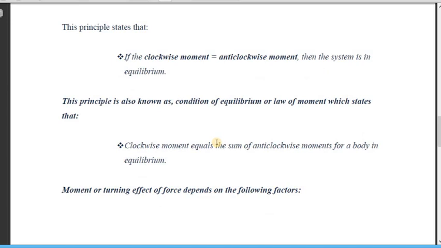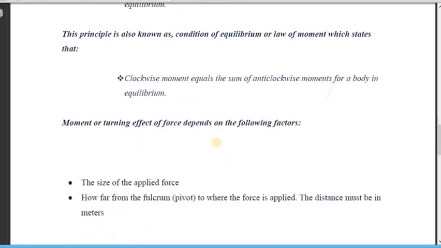So if we say this entire system is in equilibrium, and the anti-clockwise moments were 5,000 newton meters, what is the size of the clockwise moment? Then you just know that it's also going to be 5,000 newton meters because they are equivalent.